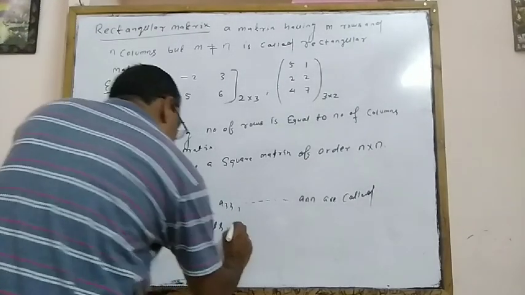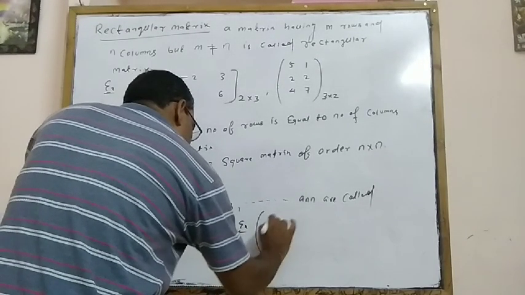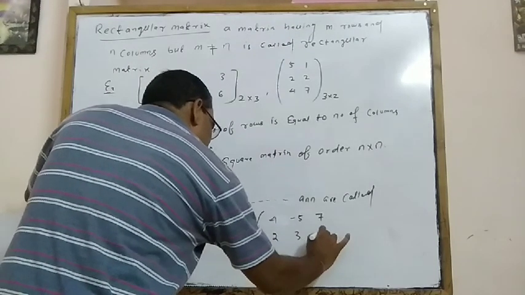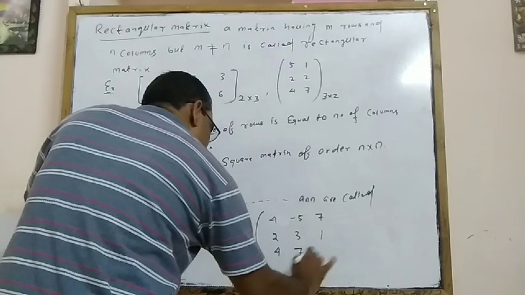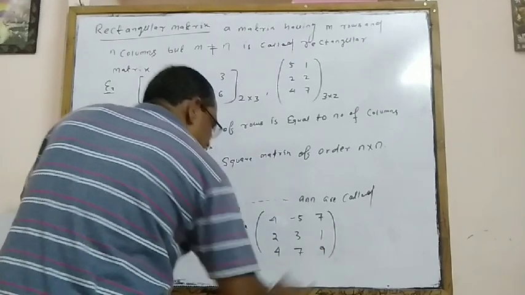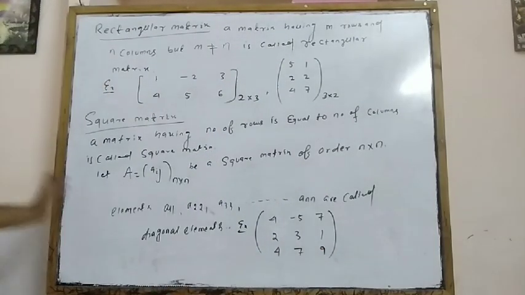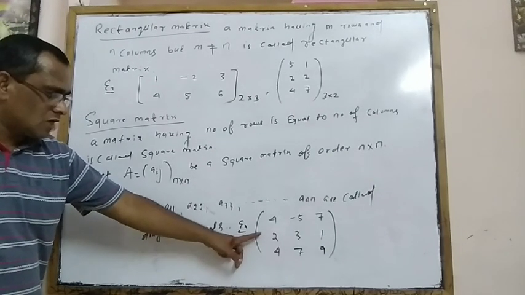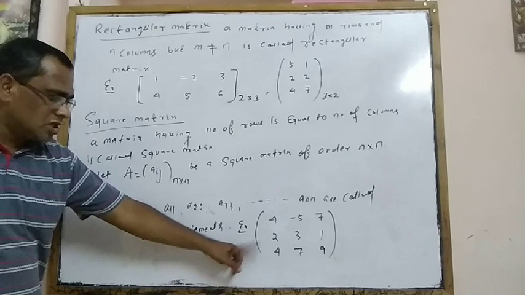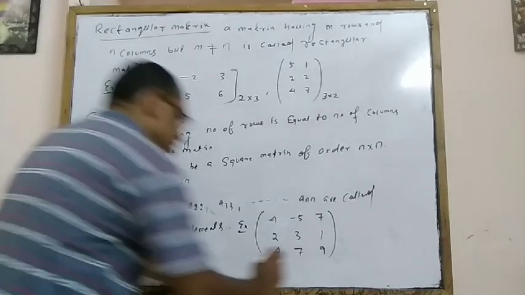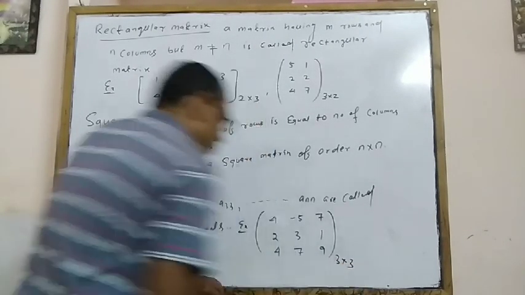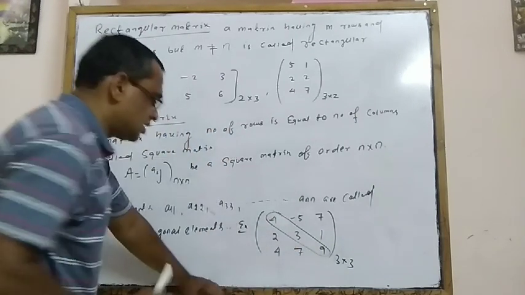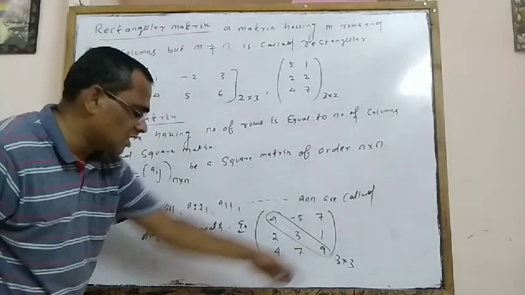For example, 4, -5, 7; 2, 3, 1; 4, 7, 9. This is a square matrix because it has 3 rows and 3 columns, so it is a square matrix of order 3. These elements are a11, a22, a33.